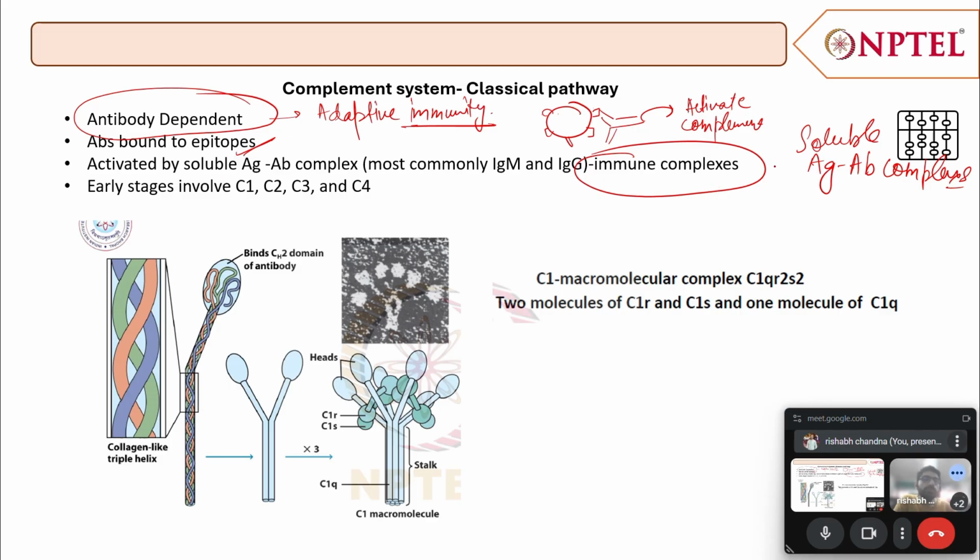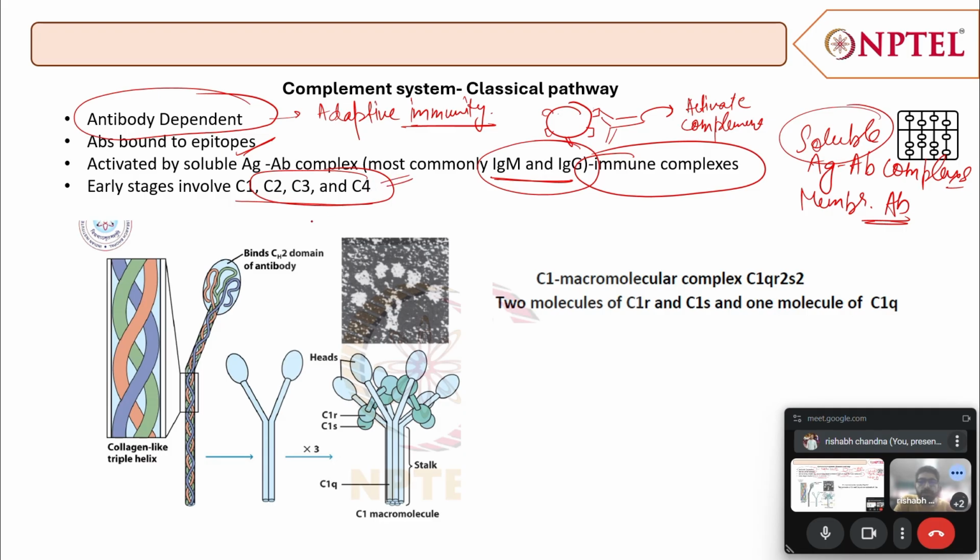So both soluble as well as membrane-bound antibody can activate the classical pathway, and mostly IgM and some classes of IgG are involved in the activation of the classical pathway. The early stages involve C1, C2, C3, and C4. So these four proteins are involved in the classical pathway.